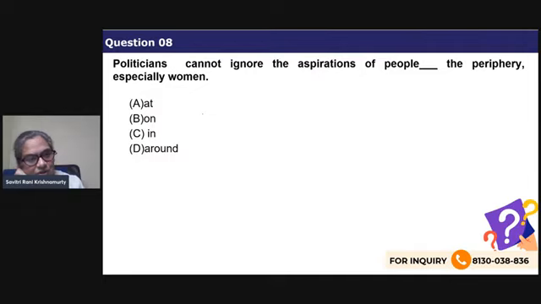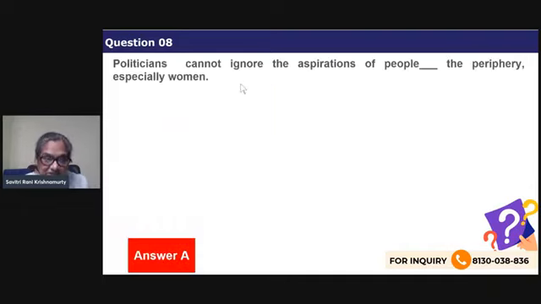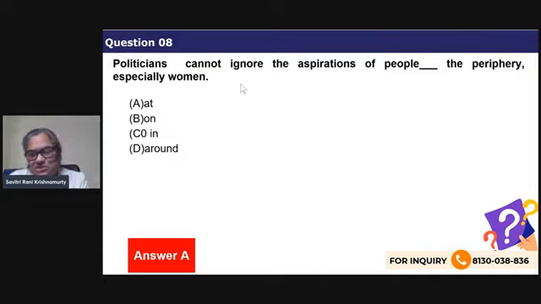Okay. Now the close options are this or this. What do you think? People at the margins, that's what you're saying. So actually it is at. Now you don't ask me why for prepositions.